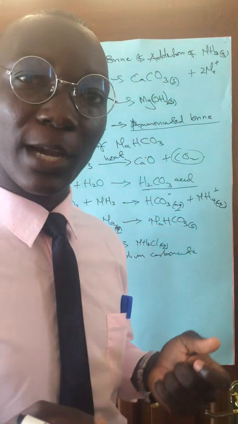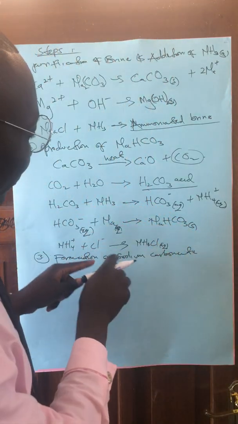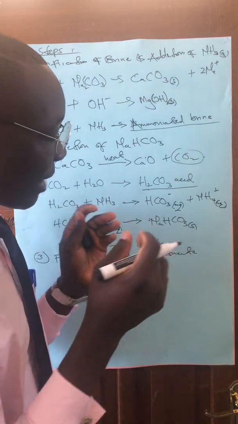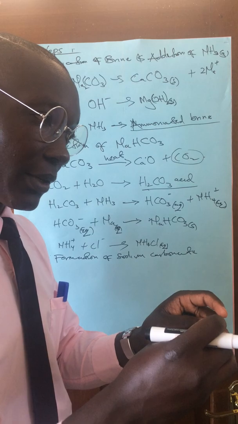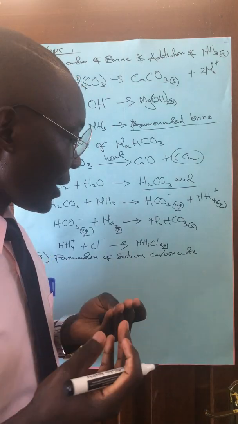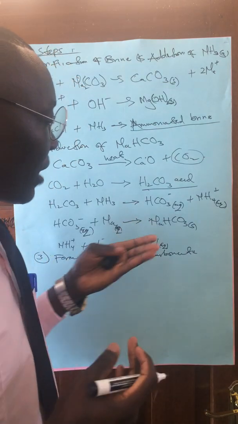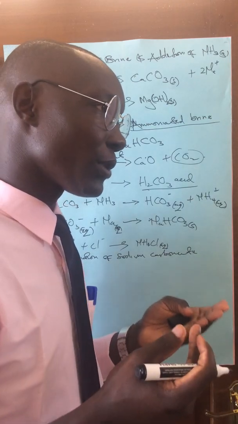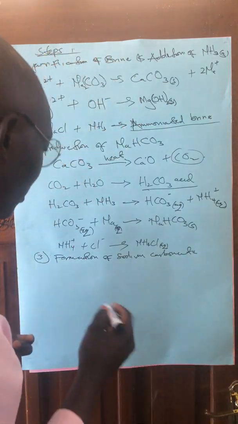How are we going to form sodium carbonate? We are going to do filtration because sodium hydrogen carbonate and ammonium chloride are combined. We do filtration, we get our sodium hydrogen carbonate as residue. Then we do what we call thermal decomposition.